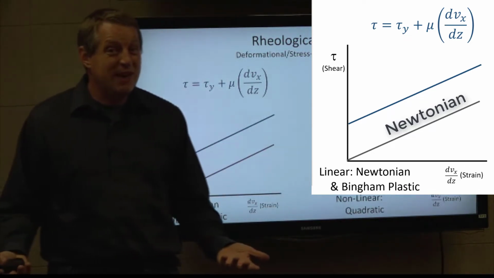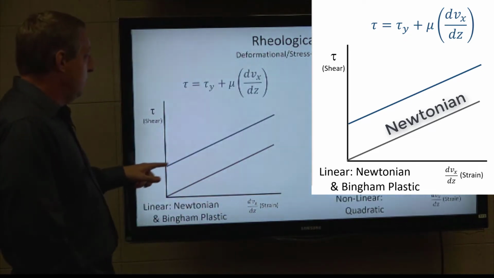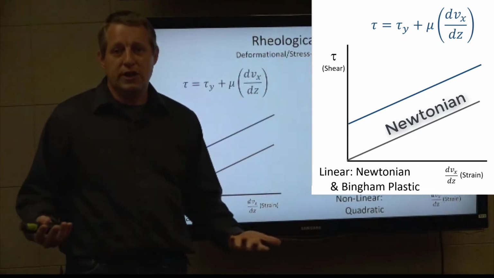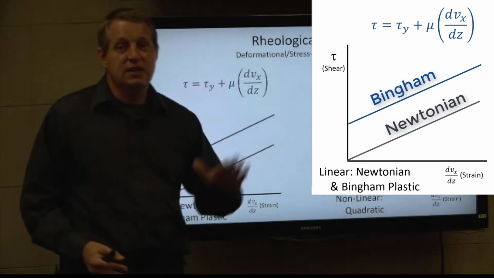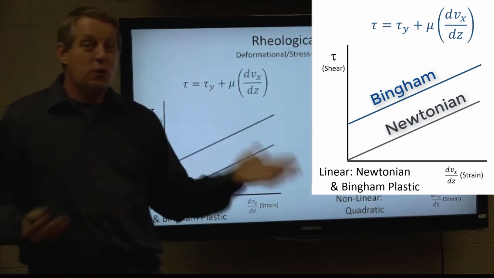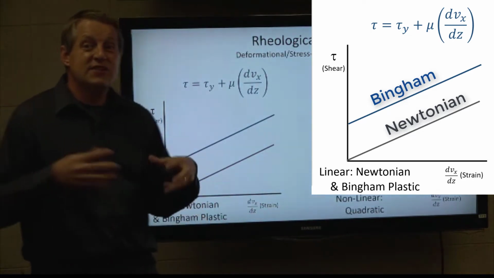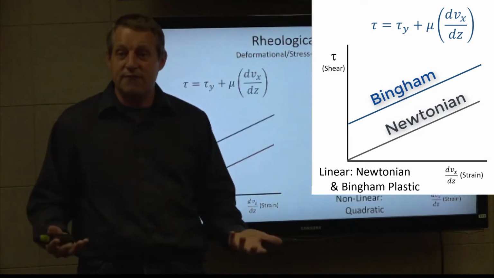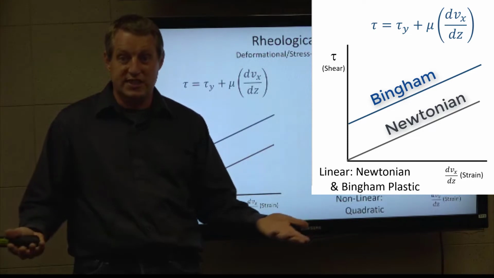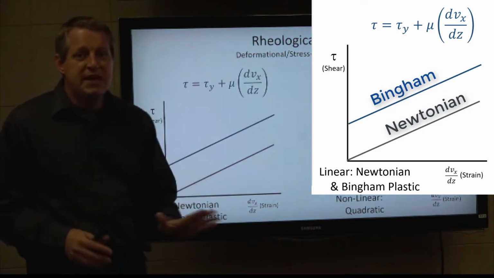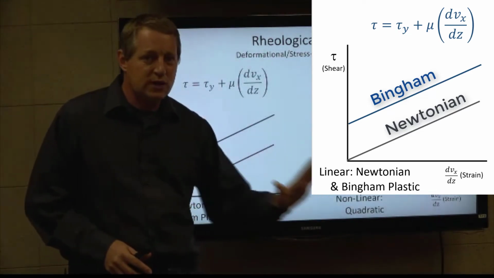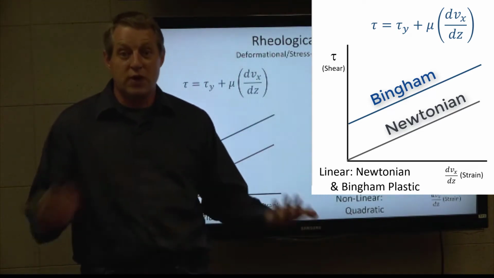But not all materials behave like that. And so, the simplest alternate rheological model is what we call the Bingham plastic. The Bingham plastic also has a linear stress-strain ratio. The slope of that stress-strain ratio is actually the viscosity of the material, and so it'll be different than water. It'll be higher than water for, say, a mud flow. And it has a non-zero intercept, which means there's a certain amount of stress you can apply to this material before it will strain or deform at all.